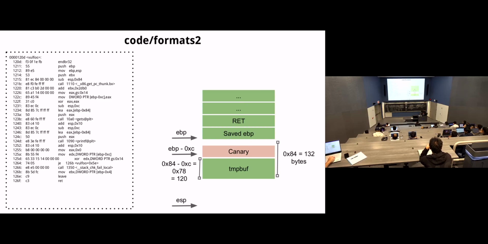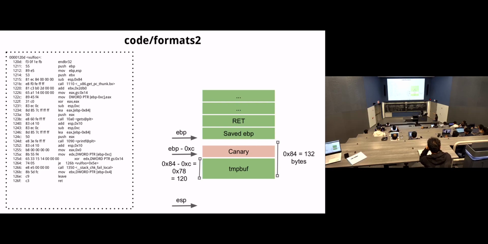So there are stack cookies here. We cannot directly override the return address. Oh, anyway, that's not what we are trying to do anyway, right? We are trying to get those two secrets. So our input will go to the temp buffer, and this temp buffer is at this address.